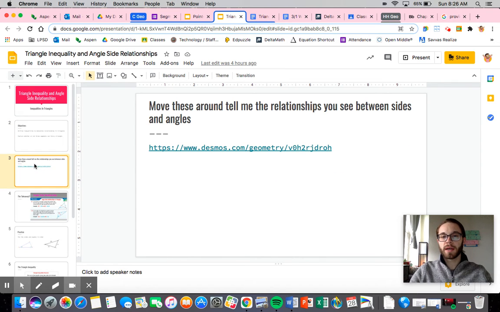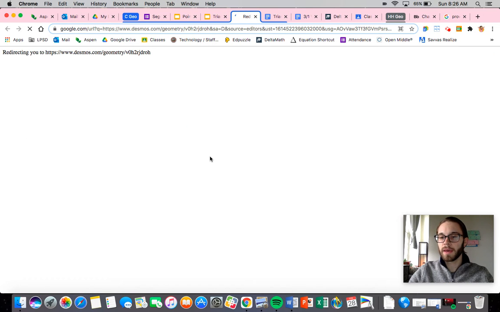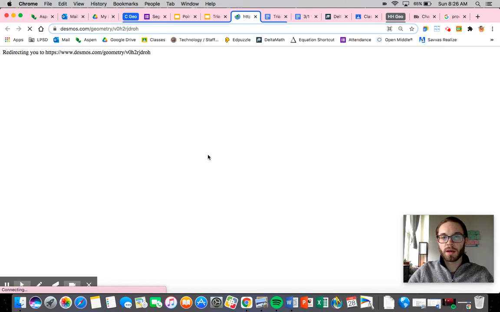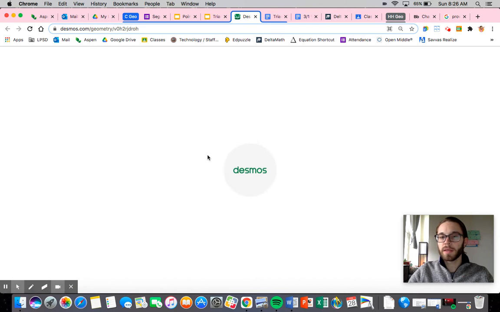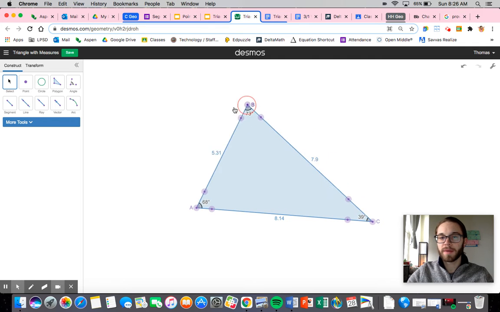So where we're going to start is here I have a lovely little Desmos drawing of a triangle. When it loads, you'll be able to see that the triangle has all of its angles measured and all the sides measured. We're just going to play around with this for a little bit.